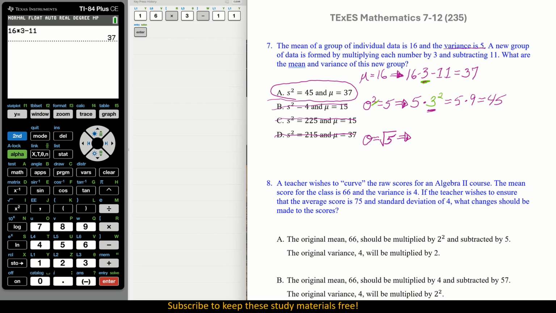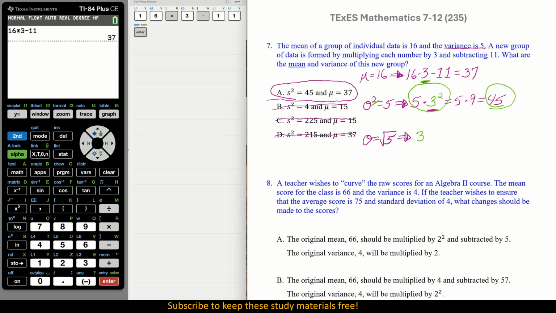Notice a pattern happening here. Only the 3 directly affects it. So really what we're doing is we're taking this entire new variance and we put it under the square root.